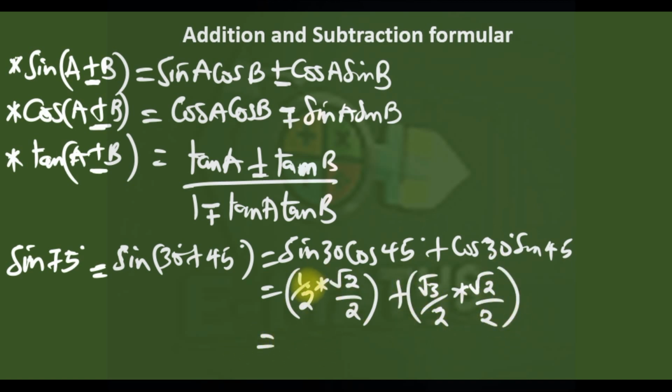So 1 times root 2 is root 2, 2 times 2 is 4. Root 3 times root 2 is root 6, 2 times 2 is 4. So that's the answer.